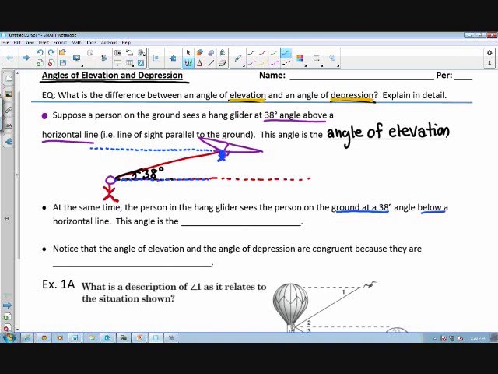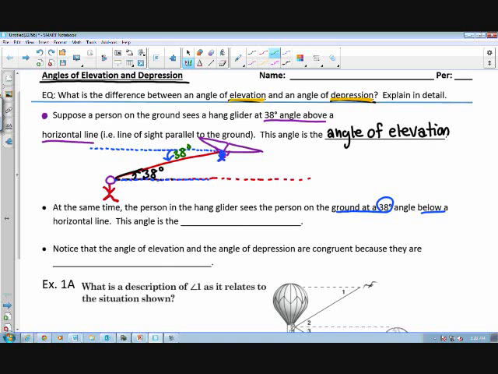So he's going to cast his eyes downward, and that angle, which it says right here, is 38 degrees below the horizontal line. So this here would also be 38 degrees.